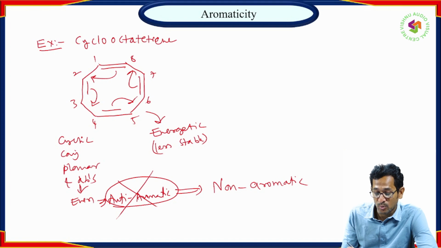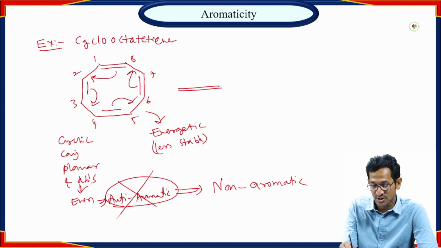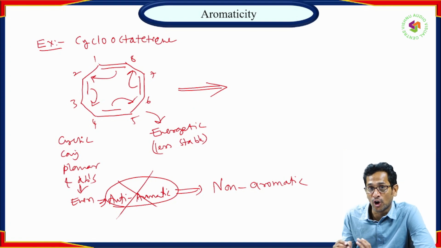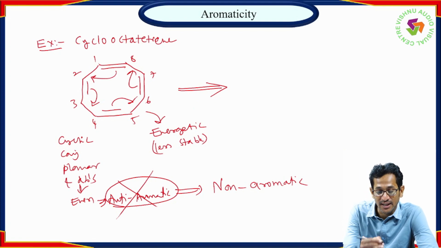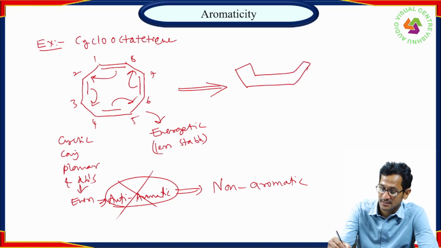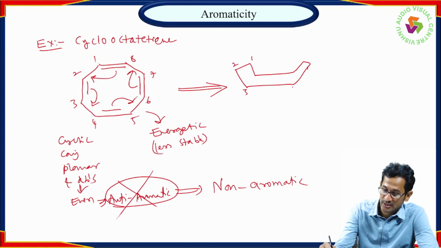Due to its high energy, it generally exists in a tub-shaped structure, not like this structure. A tub-shaped structure, 1, 2, 3, 4, 5, 6, 7, 8, with alternate double bonds.